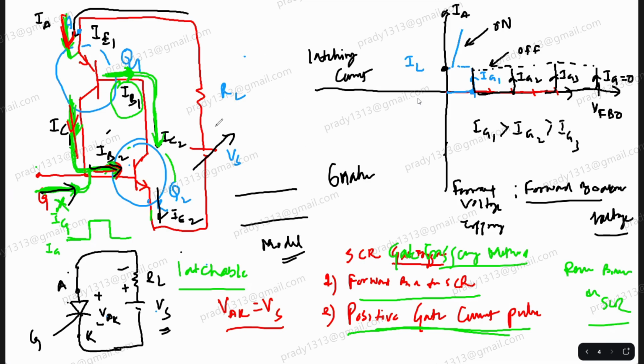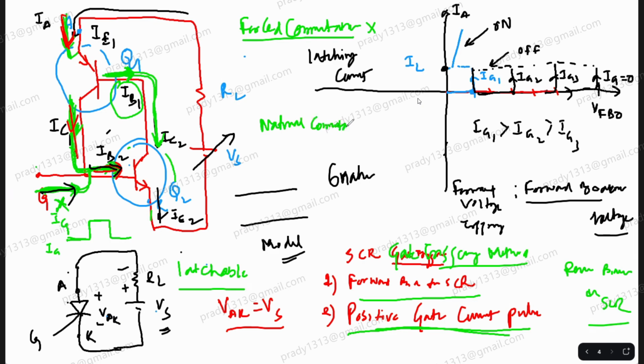If you want to reverse bias the SCR and turn it off, and the SCR is part of a DC circuit, then you have to use a method called forced commutation, which we will not be studying because you will always be using SCR in an AC circuit.